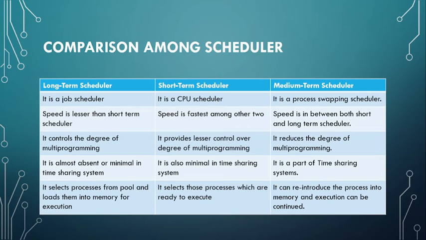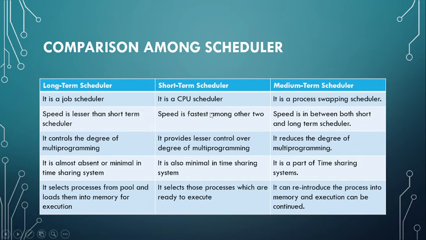And here is the comparison among the long term scheduler, short term scheduler and medium term scheduler. In terms of naming, the long term scheduler is called the job scheduler, the short term scheduler is called the CPU scheduler, and the medium term scheduler is called the process swapping scheduler. The long term scheduler's speed is lesser than the short term scheduler.